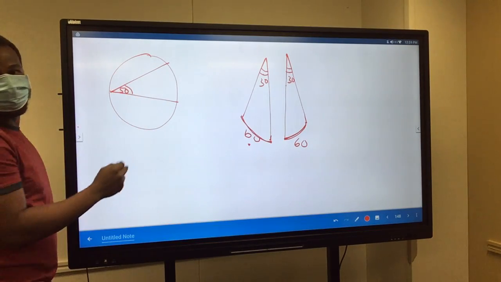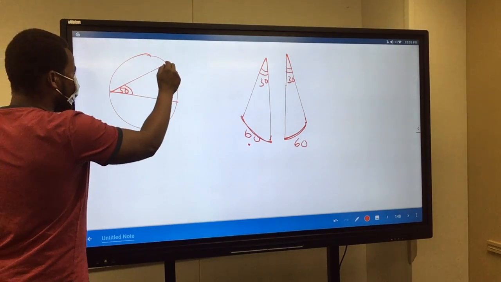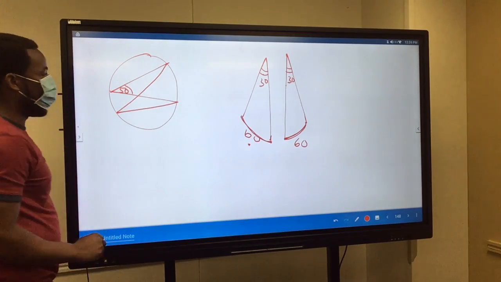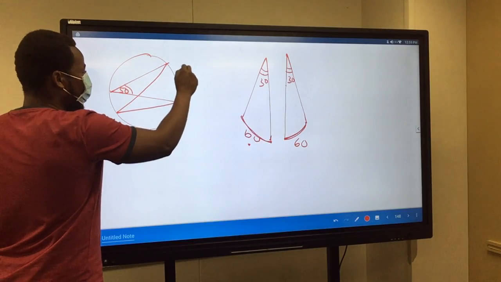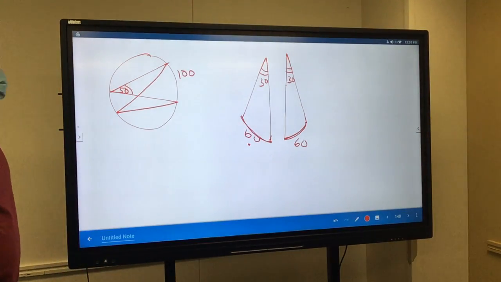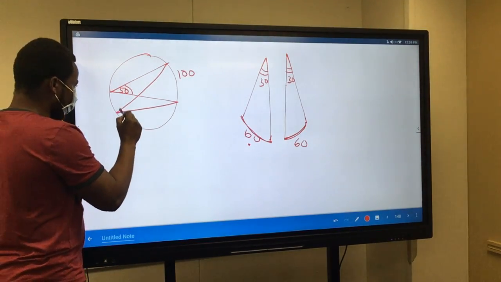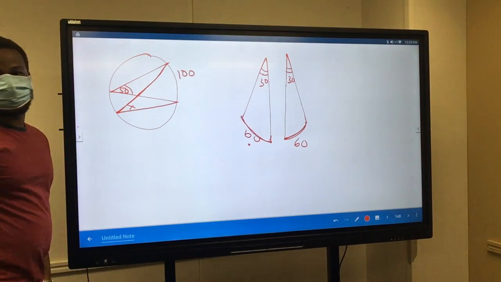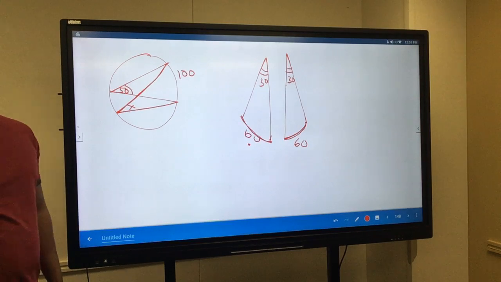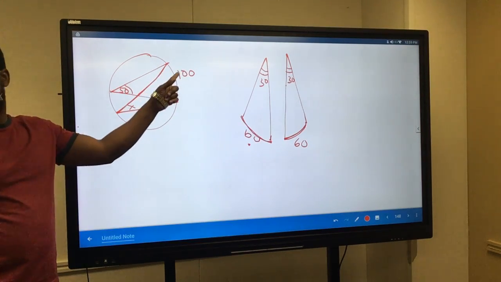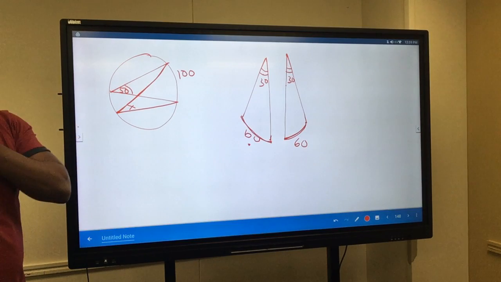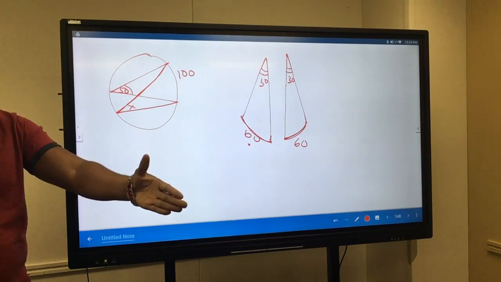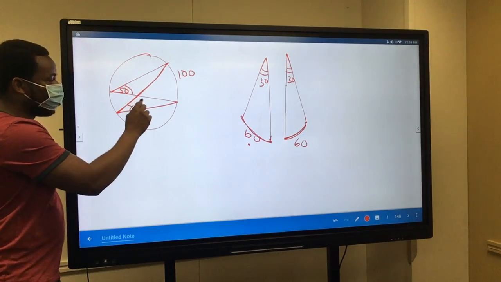You know the arc will be what? 100. Now, if I do this, we say the arc here is 100. Look at what is happening here. This is x. What will be x? 50. Why? Because they have the same arc. Anytime two inscribed angles share the same arc, they have the same value. So this is supposed to be 50 as well.